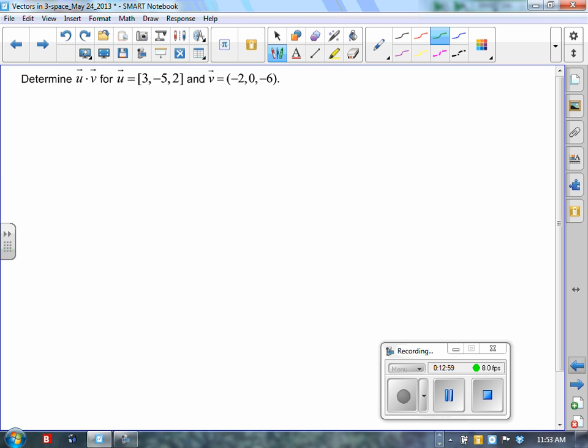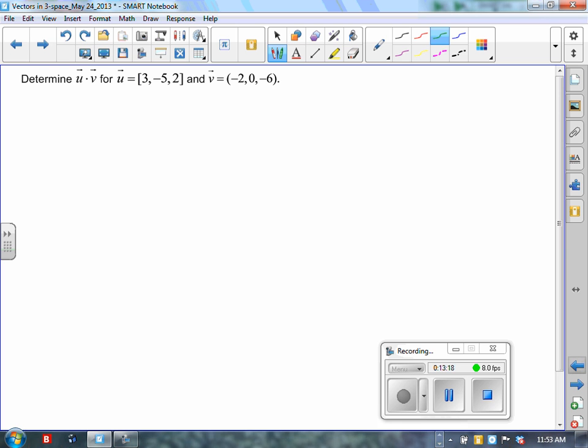Okay, and it's very much the same as what we had beforehand in dealing with vectors in 2 space. So there isn't a whole lot more that is new there. In fact, you could look up a generalization or a definition of some kind through your textbook.